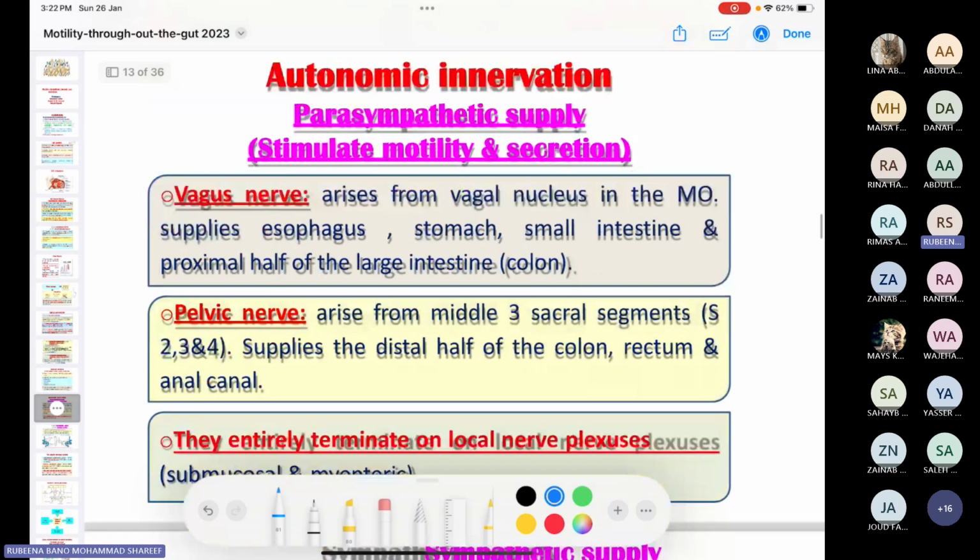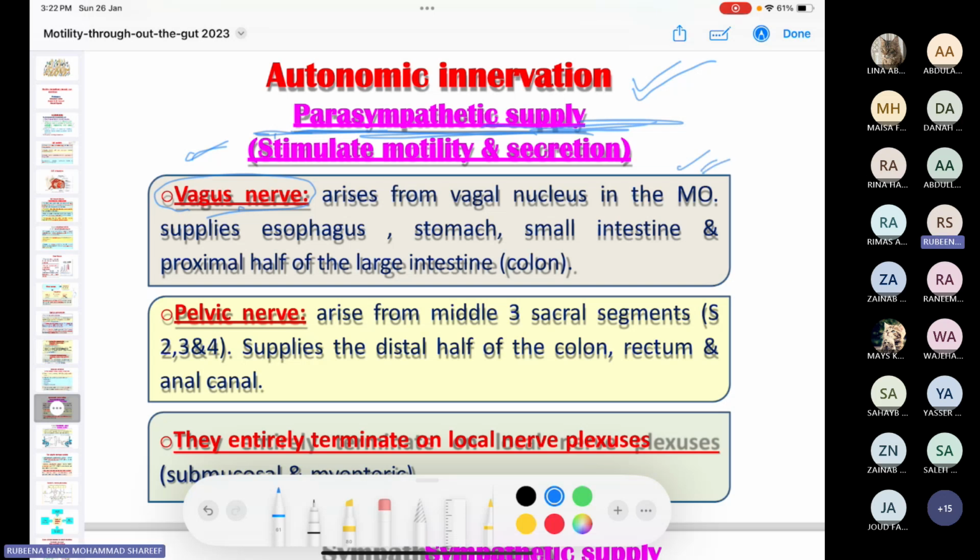Now, this one, I think you are aware of it, autonomic innervation of GI wall. Okay, so first we will see parasympathetic nervous system. As I said, it is the stimulatory, right? So parasympathetic supply comes from the vagus nerve. Where is the vagus nerve? The vagus nerve is in medulla oblongata.